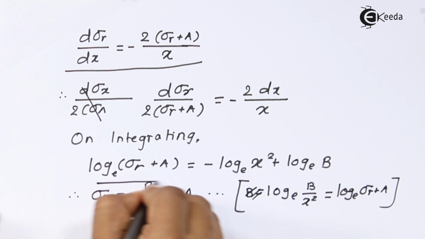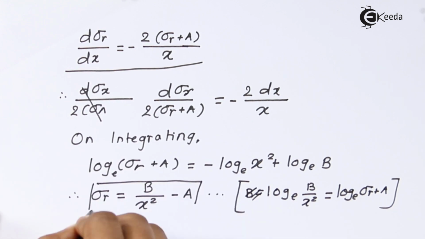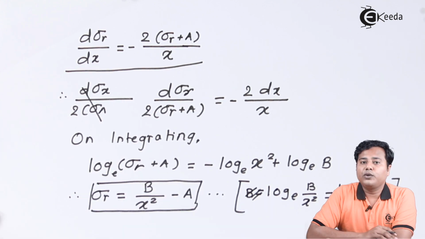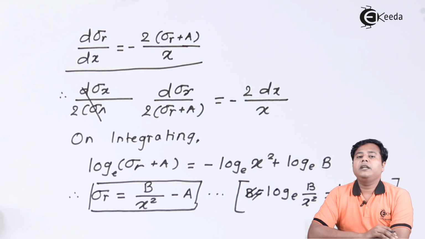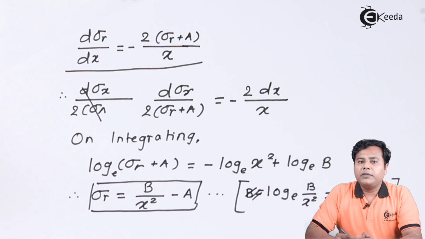So this is the final equation that we are going to use for the analysis of thick cylinders. This is nothing but the final equation given by Lamy's theory for thick cylinders.